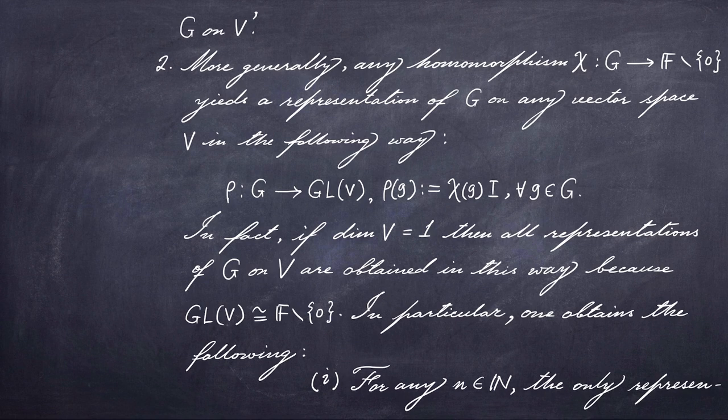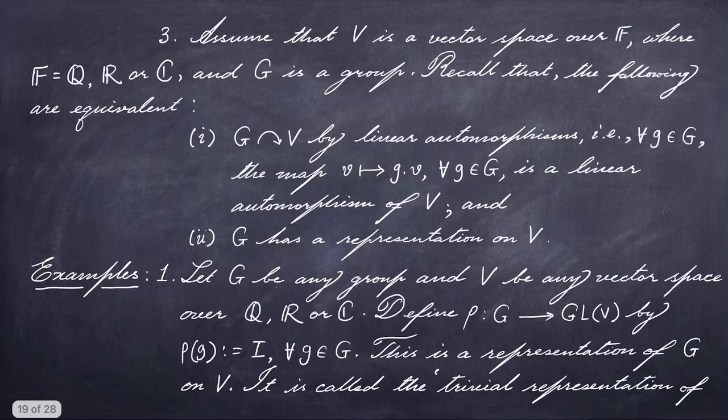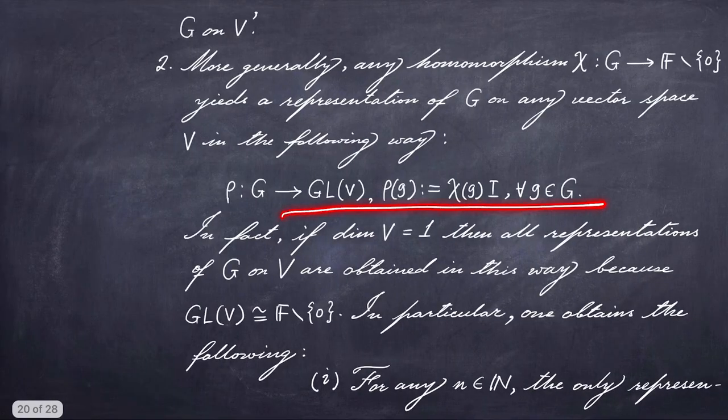More generally, if we are given a homomorphism chi from G to the multiplicative group of F, then that yields a representation of G on any vector space V in the following way. This is easy to see because rho(g1 g2) is nothing but chi(g1 g2) I, so this is nothing but chi(g1) times chi(g2) I. Thus you see that the trivial representation is a special case of this when chi is identically 1.